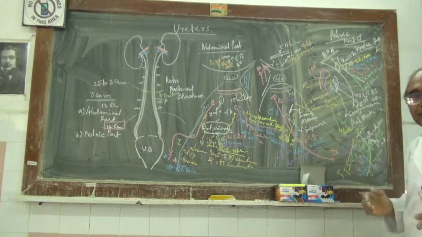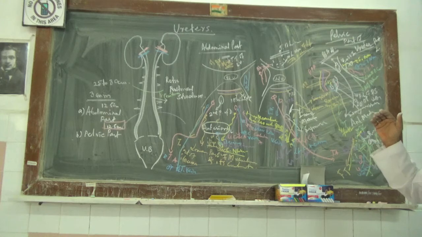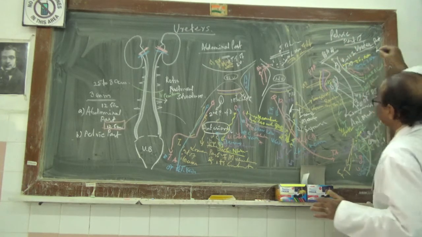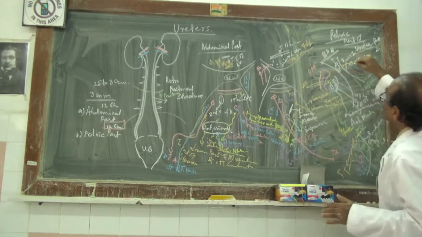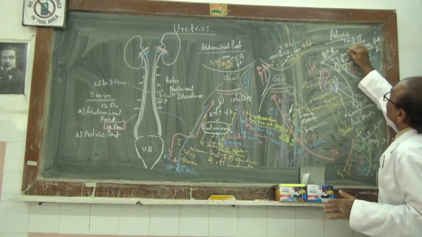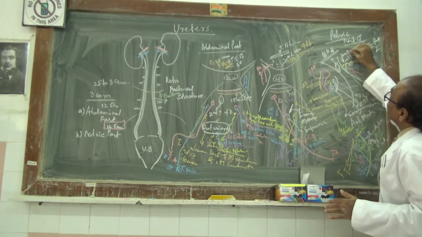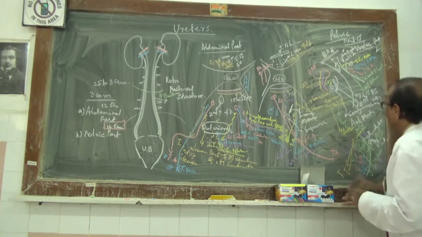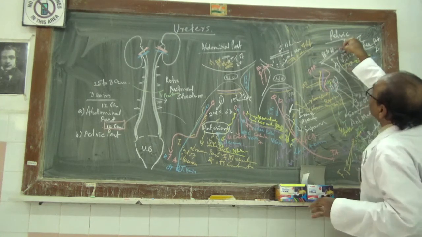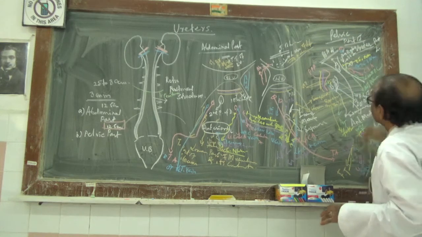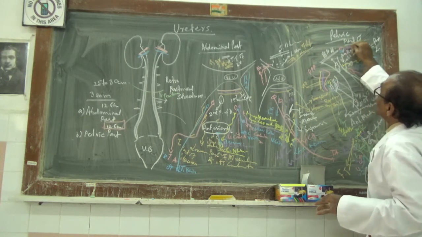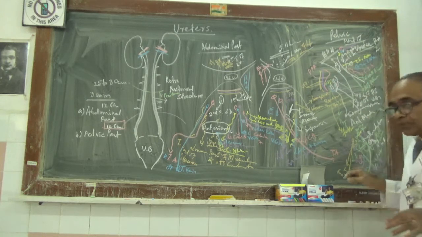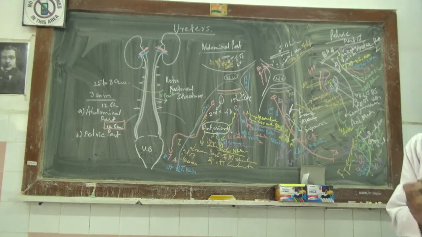Apart from that, posterolaterally or exactly posteriorly, you have the rectum, rectal arteries, then the lymph vessels to the rectum, and the nerve plexuses to the rectum.